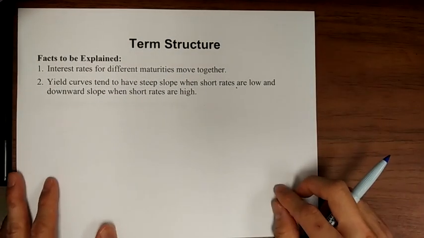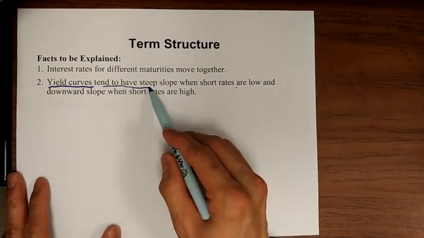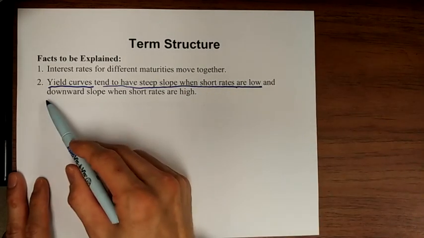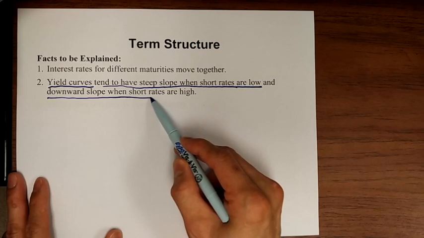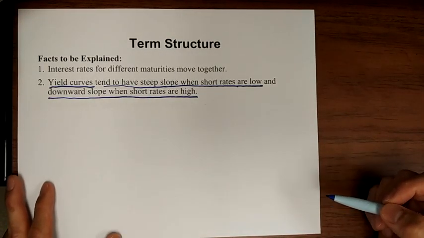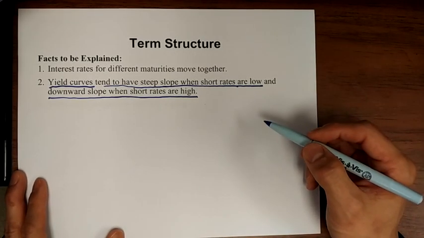The second fact is that the yield curve tends to have a steep slope when short-term interest rates are low and a downward slope when short-term interest rates are high. What does that mean? Let me rephrase this.